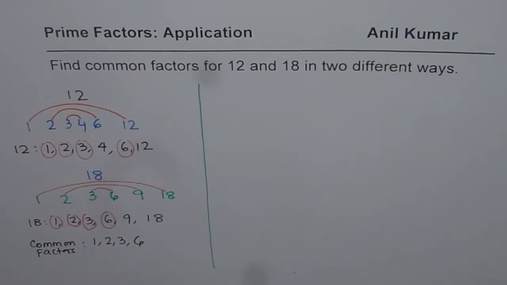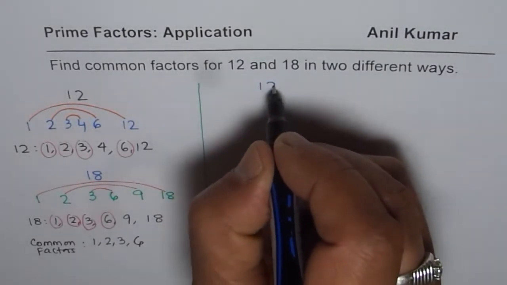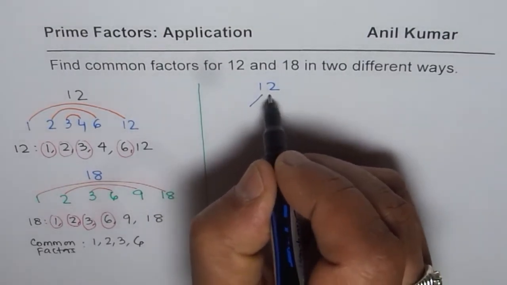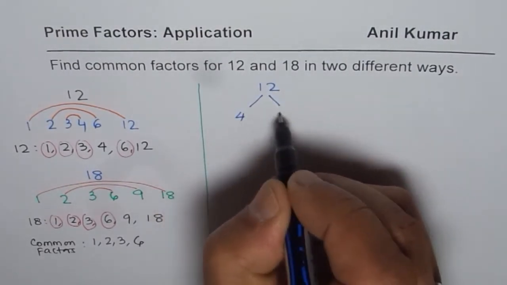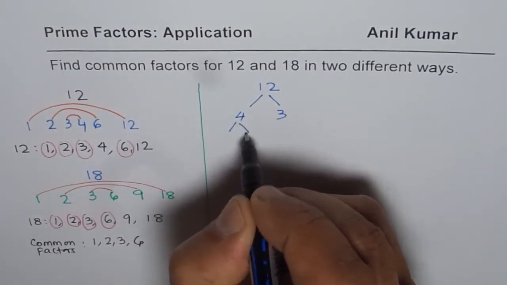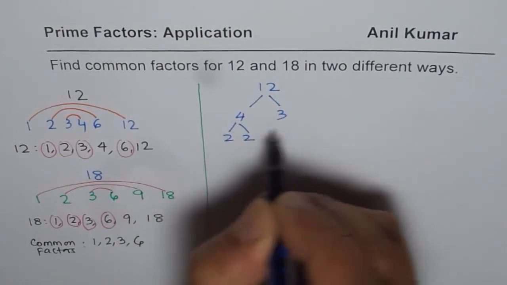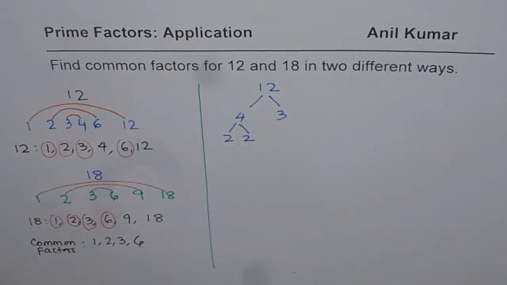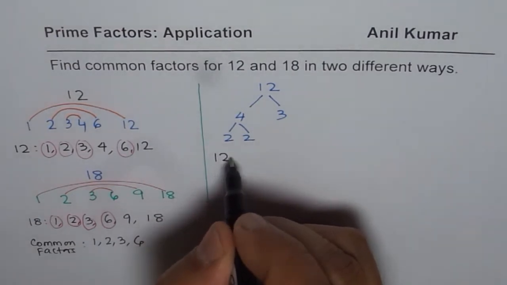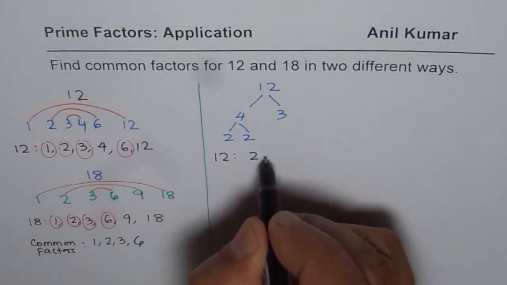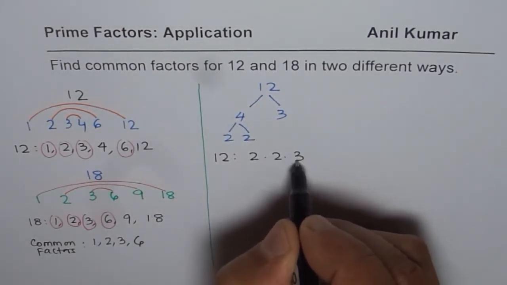Now let's do prime factorization and then figure out how to find common factors using prime factorization. So let me begin with 12. 12 is 4 times 3, and 4 is 2 times 2. So prime factors for 12 are 2 times 2 times 3.